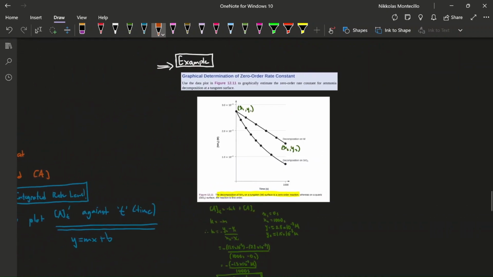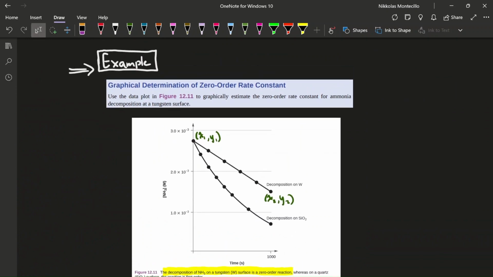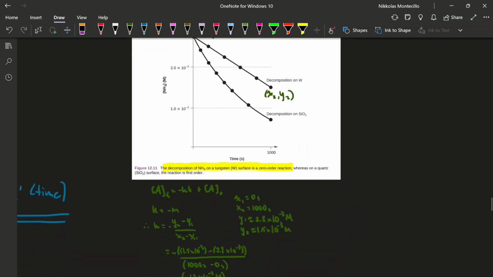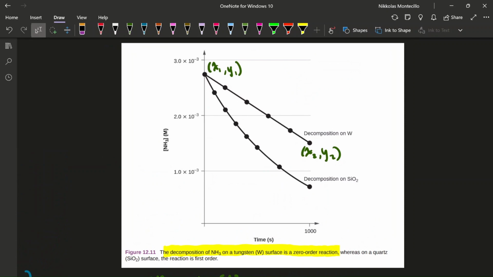So let's look at an example here. We want to use the data plot here to graphically estimate the zero order rate constant for ammonia decomposition at a tungsten surface. The decomposition of NH3 on a tungsten surface is a zero order reaction.